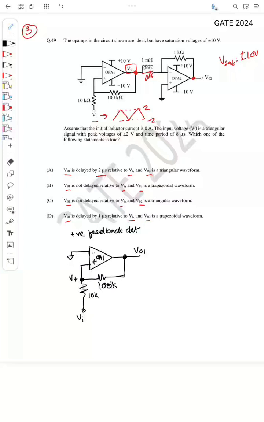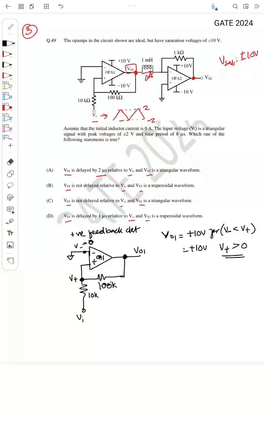Okay, so since it's a positive feedback circuit, the voltage V01 will be plus 10 volt for V minus less than V plus. So what is V minus? V minus, the voltage at this node, is actually 0 volt. So this will be plus 10 volt when V plus is greater than 0 I can write.